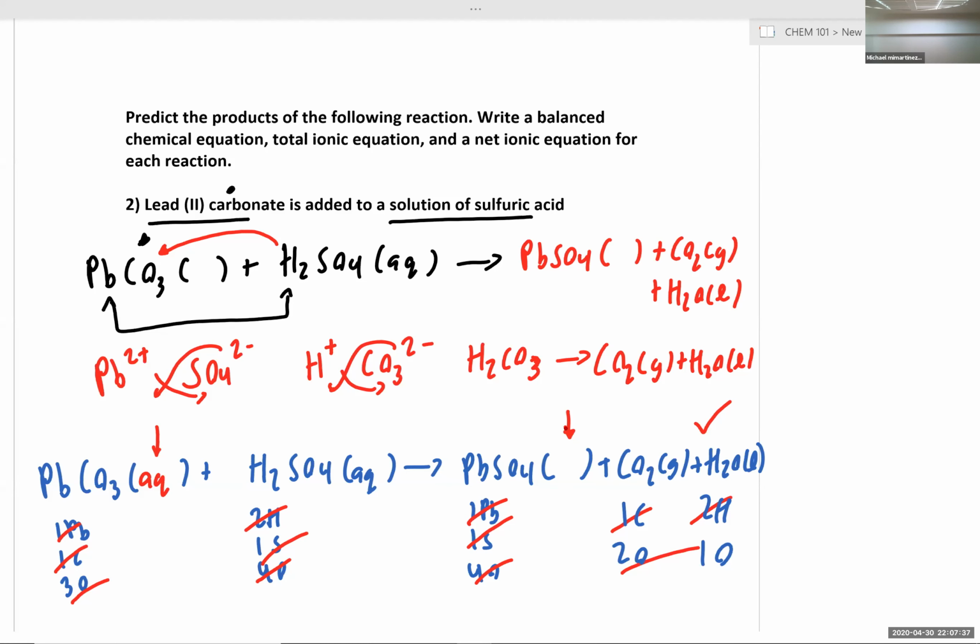And don't be shy to refer to your table, though the further we get into this chapter, the less and less I want you to be referring to that table and the more I want you to be recalling from memory. You want to develop your skills to the point where you can recall these solubility rules on an exam from memory. So is lead sulfate soluble or insoluble?